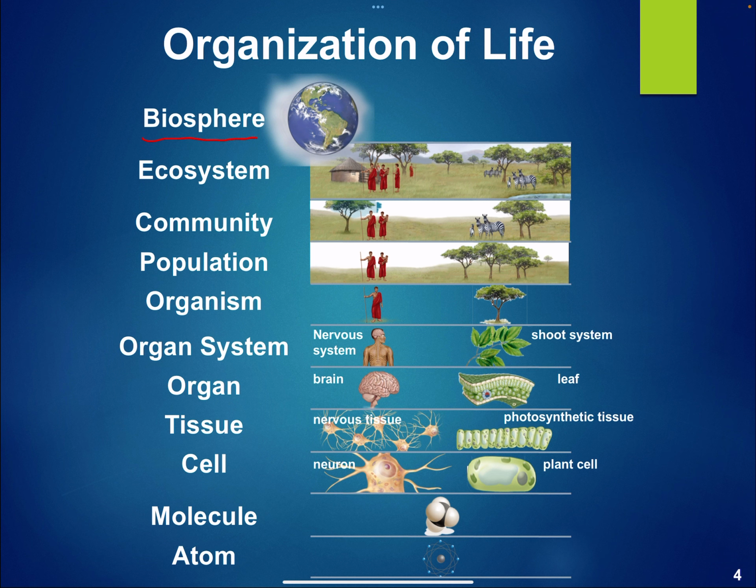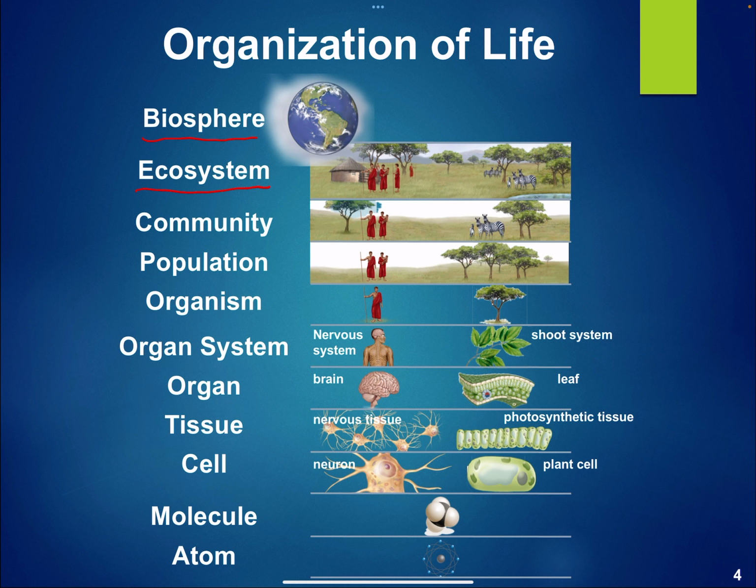When we zoom in on the biosphere, we're going to find a smaller structure that we call ecosystems. Ecosystems are going to be a mix of living components and non-living components interacting with each other.